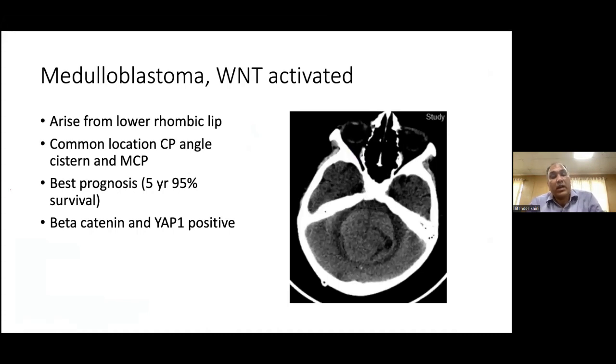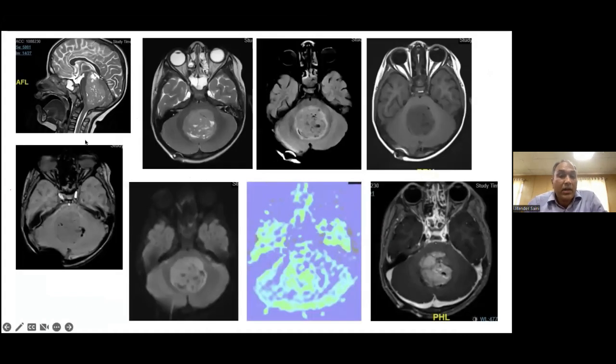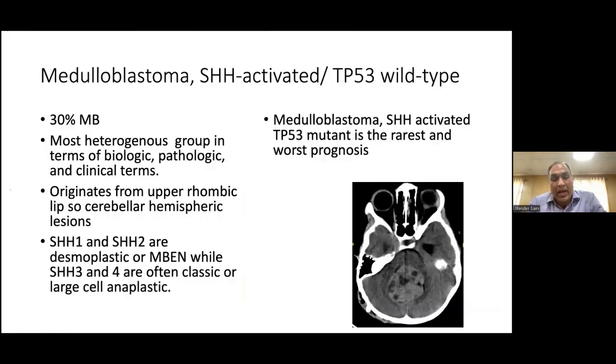The most important thing, they are always present in the posterior fossa. They can show hyperdense appearance, and on MRI they will usually be located in relation to the fourth ventricle involving the cerebellum. They can show hemorrhages, calcification, and a lot of enhancement.